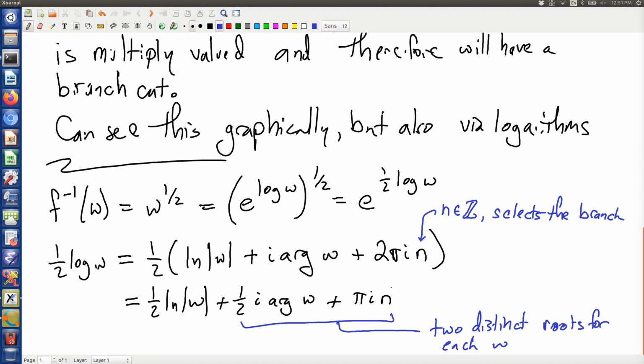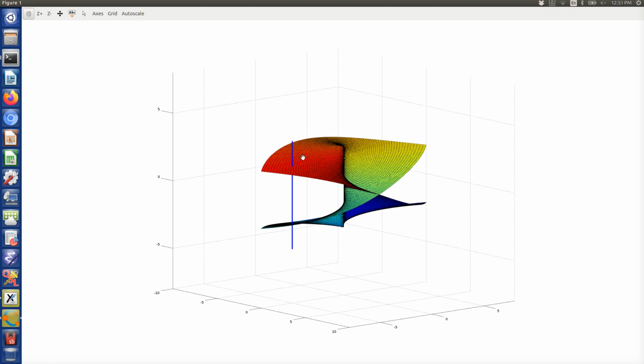Why? Because 2 pi i would cover all of the possible imaginary parts, i.e. arguments, but I've only got a branch cut interval of pi i, so I'll end up with 2 of them in the plane, and of course that's what's going on when we look at the graph over here. There's one over here and one down there.